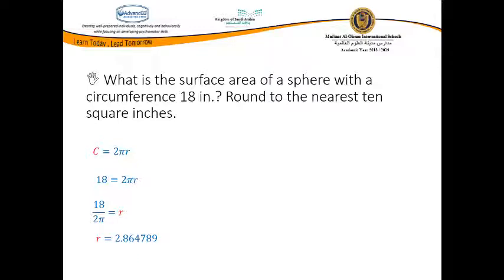Using the surface area formula 4 pi r squared, 4 pi times the calculated radius squared, the surface area equals 103.13. To the nearest 10 square inches, this is 100 square inches.